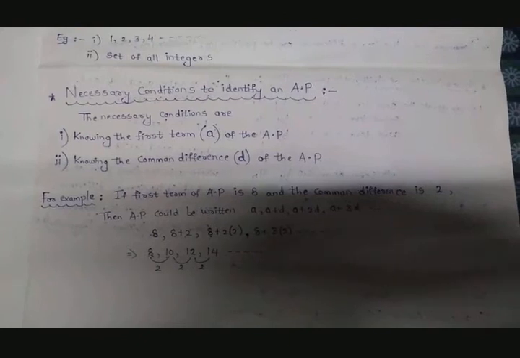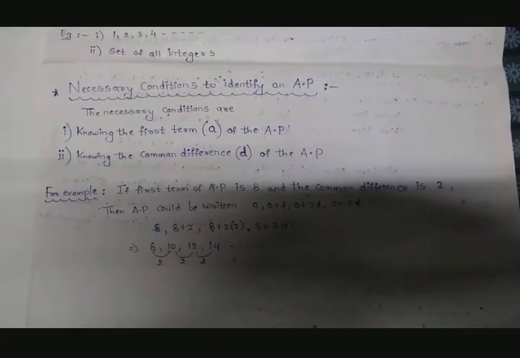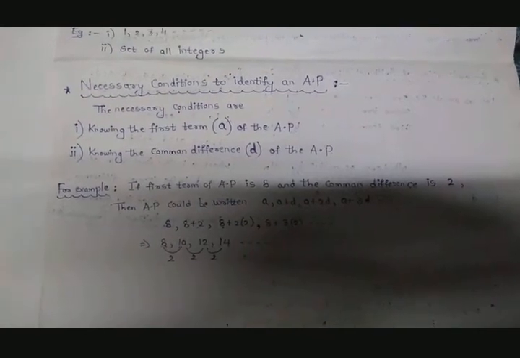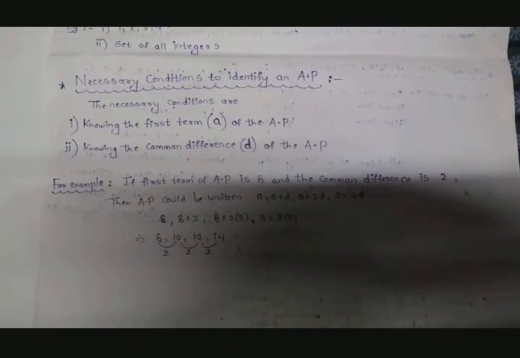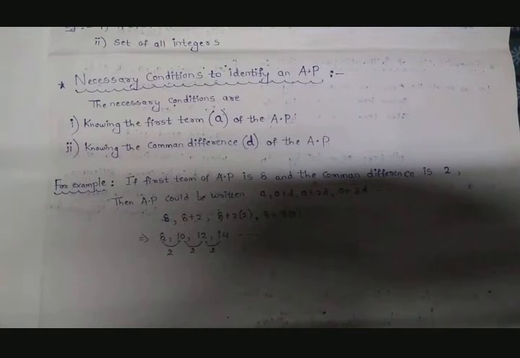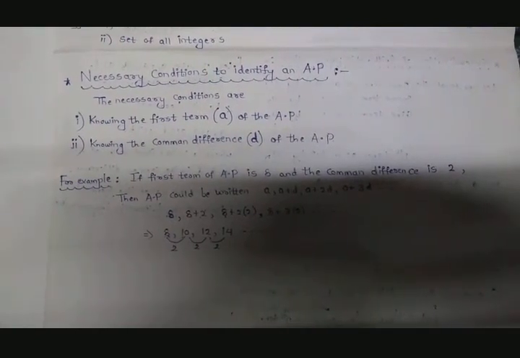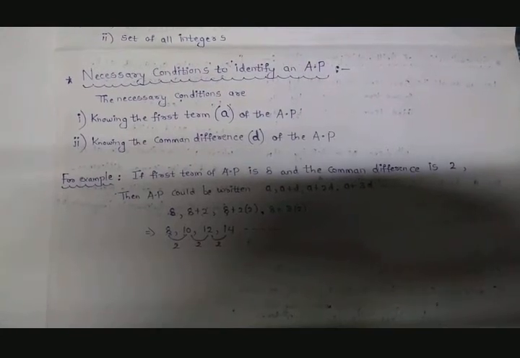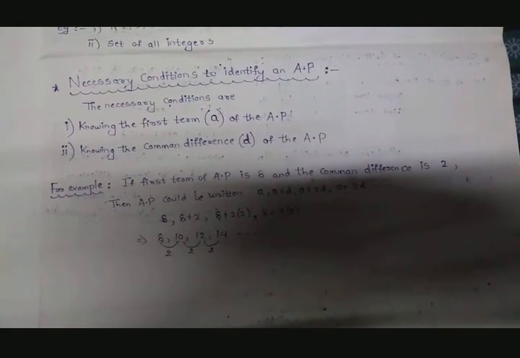And lastly, we studied about the necessary conditions to identify an arithmetic progression. That is, what are the minimum requirements that we have to know to identify whether the given series is an arithmetic progression or not. So there are two important conditions. The first one is knowing the first term of the arithmetic progression, which is the value of a, and after that we should know the common difference.